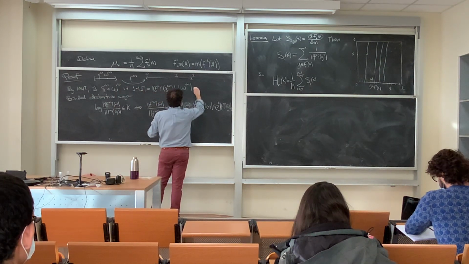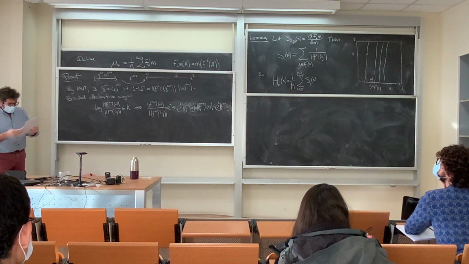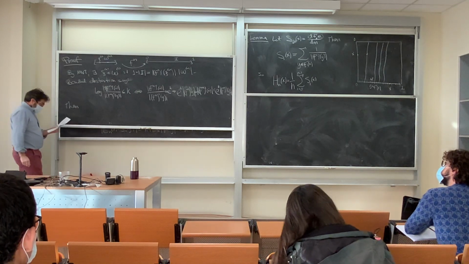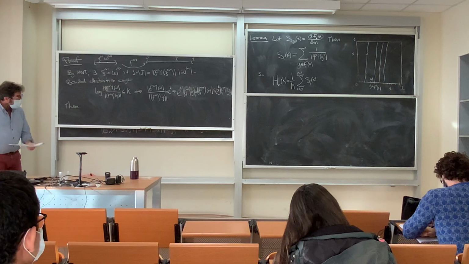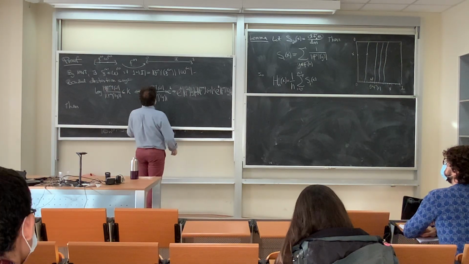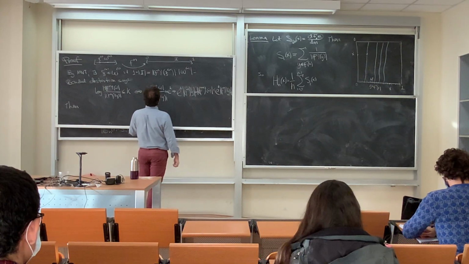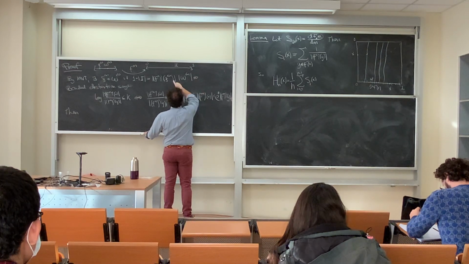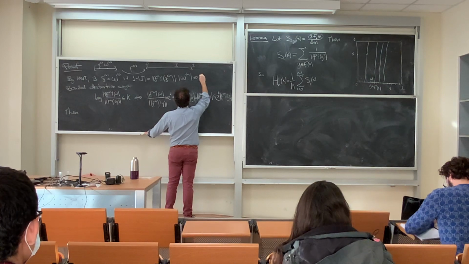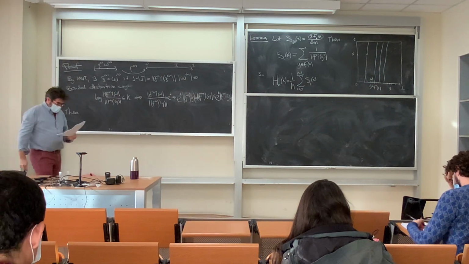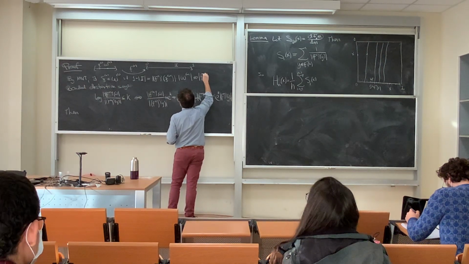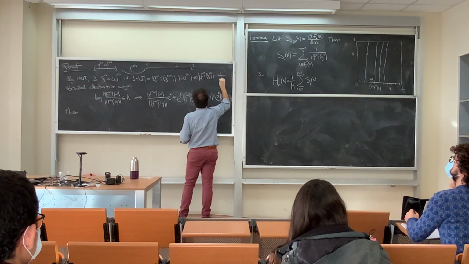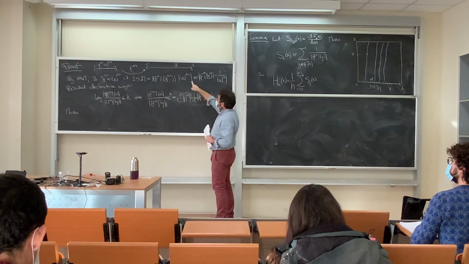I'm going to be a little bit hand-waving here, but basically this means that F_n prime of psi_n is equal to 1 over the size of omega_n.